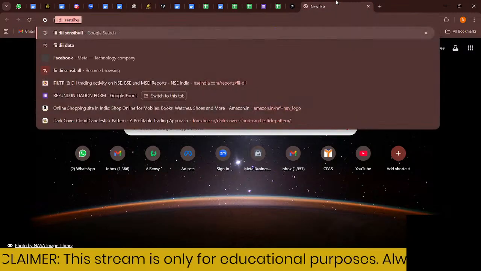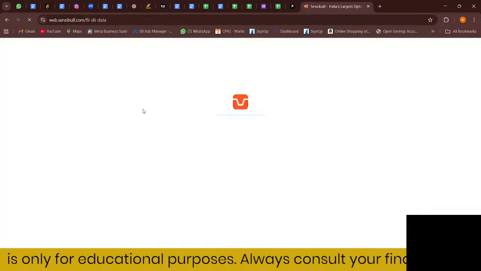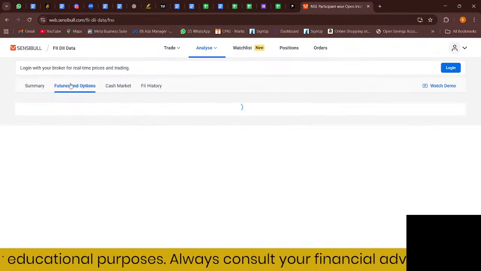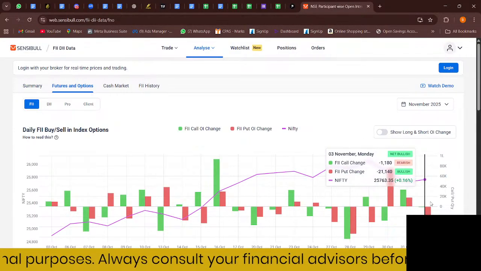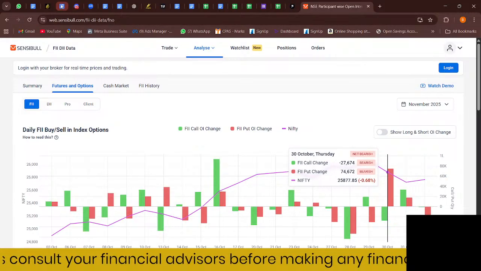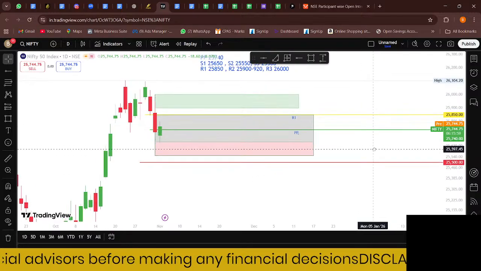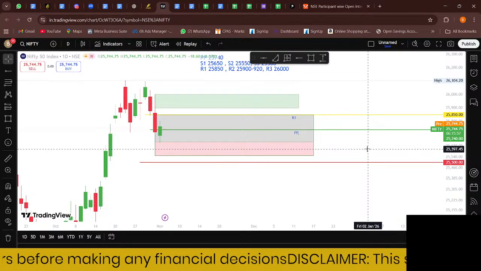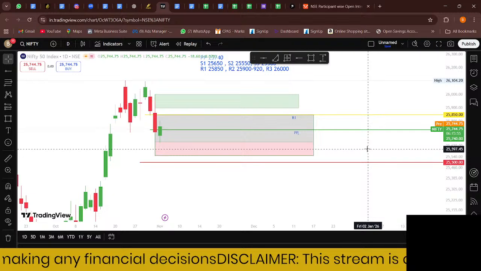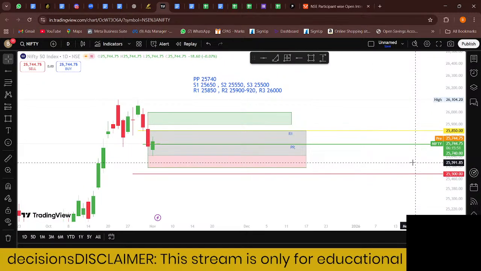So let's quickly have a look at the FII data early. It is showing bullish only, but let's see. Let's wait for the market to settle within the initial minutes, and after that we can trade if the volume supports. And you should validate your direction of the market today with respect to the volume.